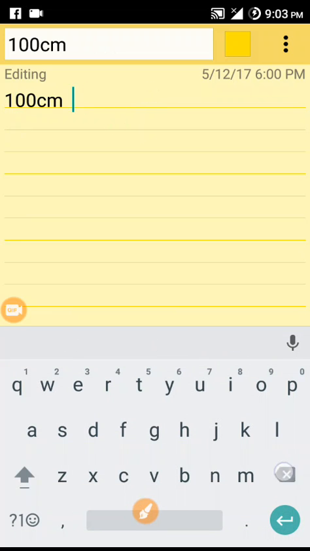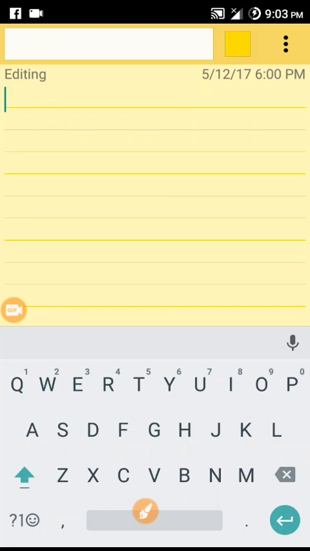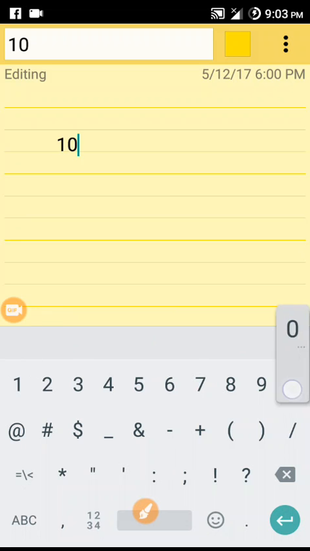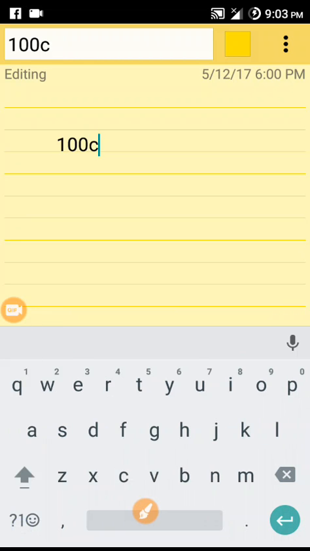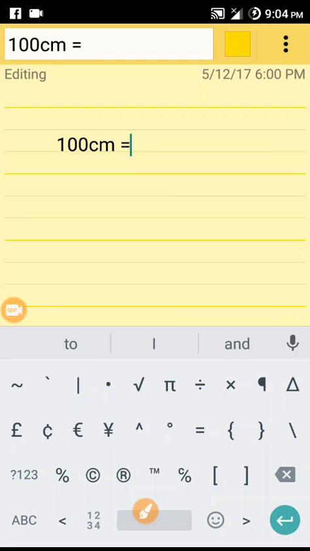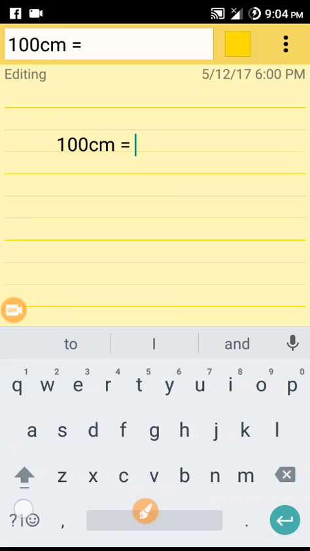Okay, so now we are here. Let me climb this. Come down. Come to this side. We know that the rule is that 100 centimeters equals 1 meter.